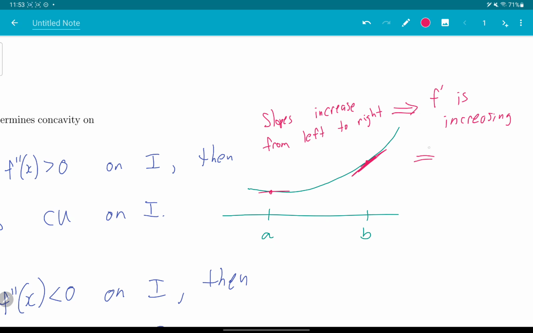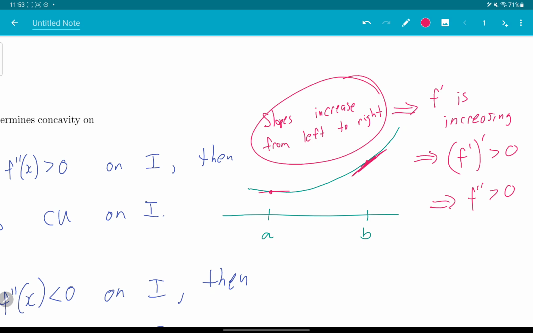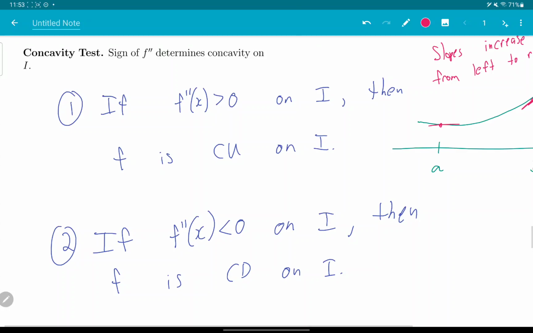F prime is increasing, therefore the derivative of f prime is bigger than 0. This is just to help you make sense of this. So one more time, if you have concave up, then the slopes increase as you go from left to right. So f prime is increasing. So the derivative of f prime is bigger than 0. So f double prime is bigger than 0. That's how I make sense of it. Hopefully that's helpful.